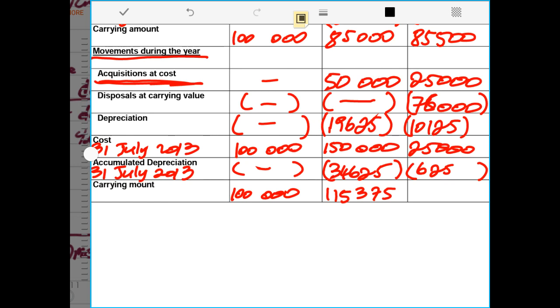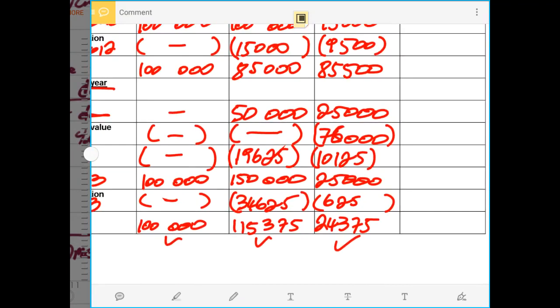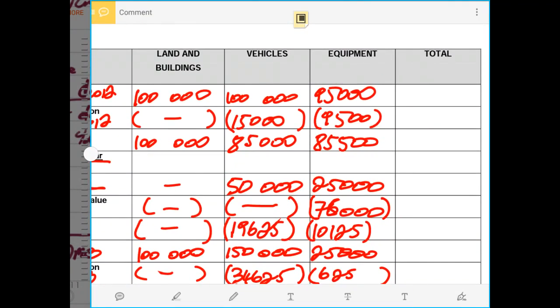That gave us 24,375 rands. So now we have the carrying amount for land and building, carrying amount for vehicles, and carrying amount for equipment. Then after, make sure that you write their total under the column for the totals.